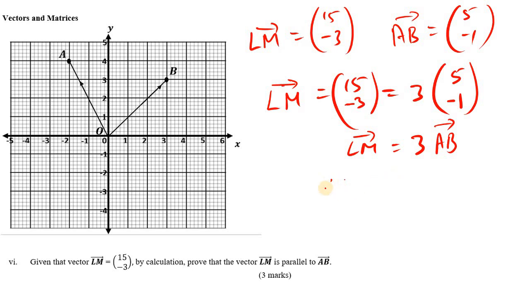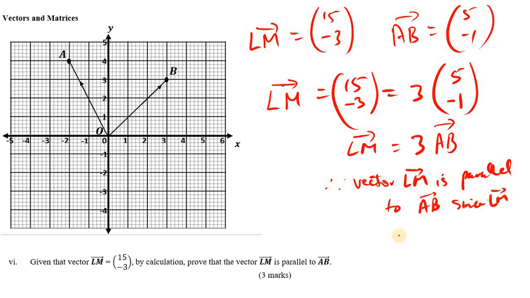So we can say therefore vector LM is parallel to vector AB, since LM is a multiple of vector AB. Proven, right? All right, and so I think that's it.